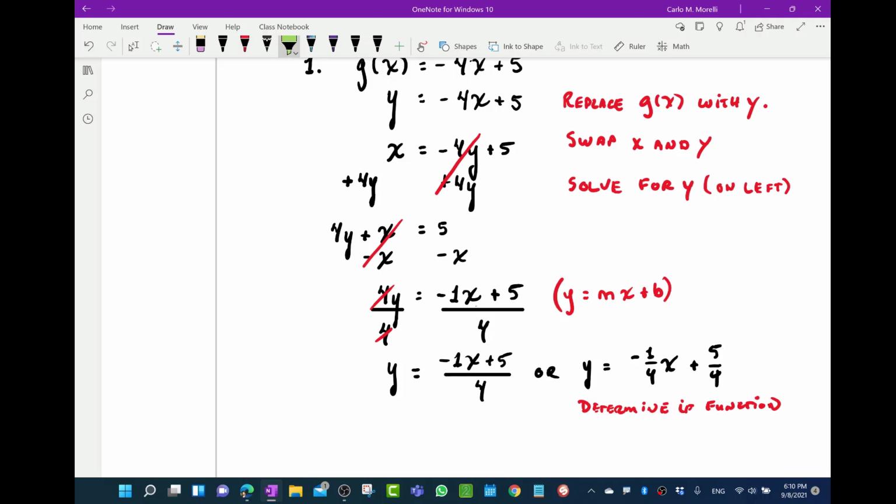Okay? Just look at the y value. Does that y have any exponents at all? No. Okay? So because y has no exponents, for every y value, there will be a unique x value.